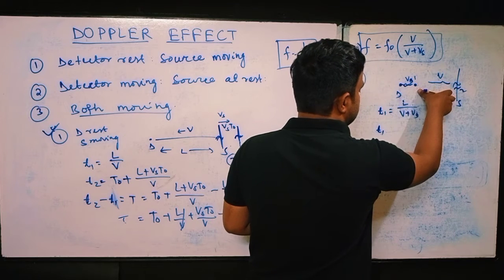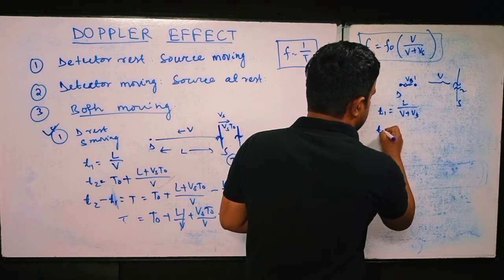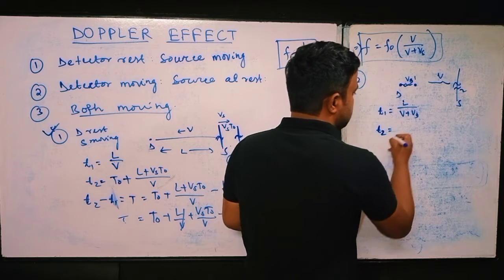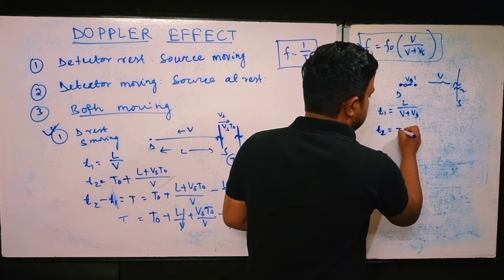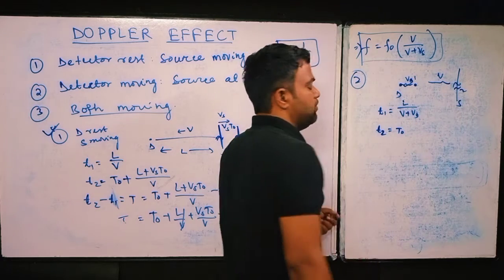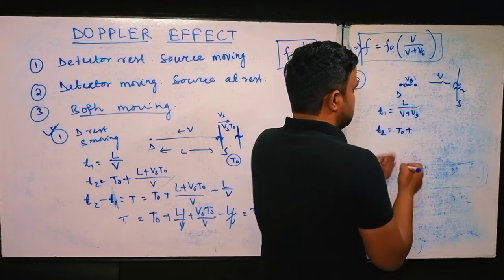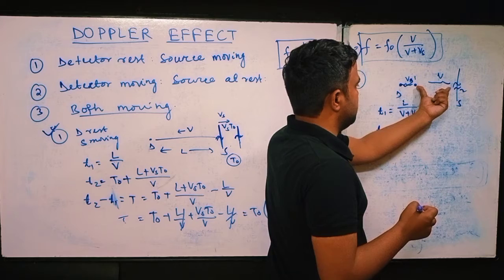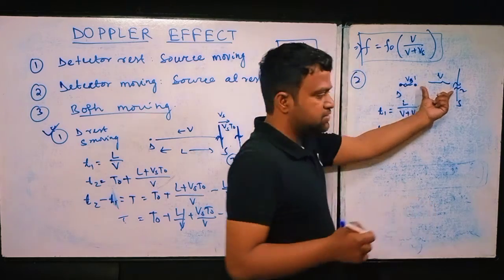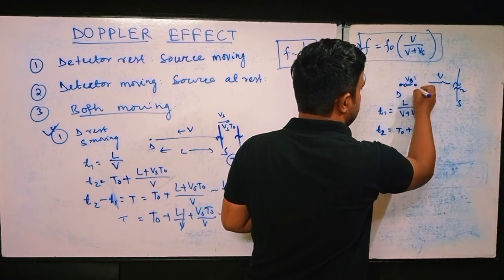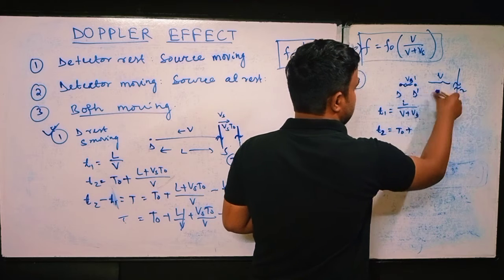Your T2 will be equal to T0, because it produces the next pulse after T0, so T0 plus the distance by speed. The distance is now a new distance, let's say D prime.